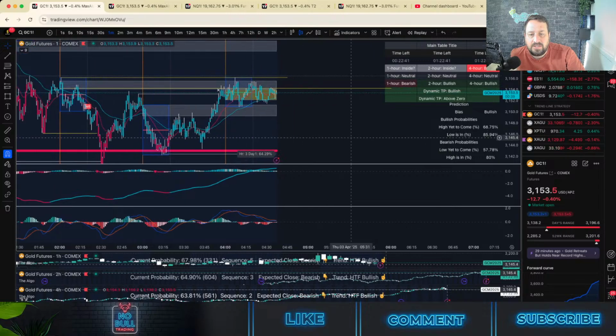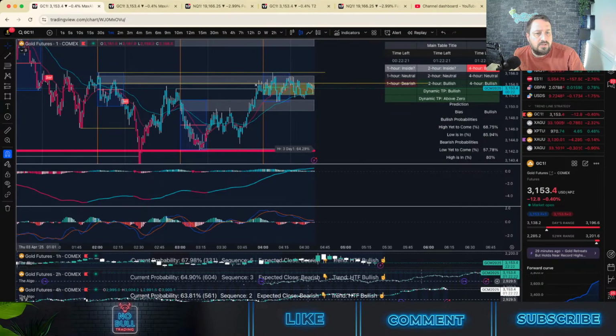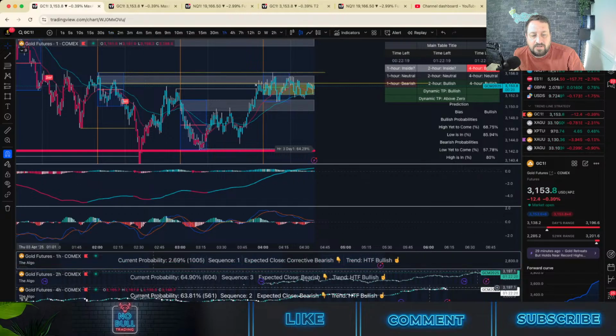So let's just see. We need to definitely finish this hour. Does that look like a bullish hour? No, it doesn't, right? Looks like a doji hour. So we're just going to wait. We've got 22 minutes left of the hour.